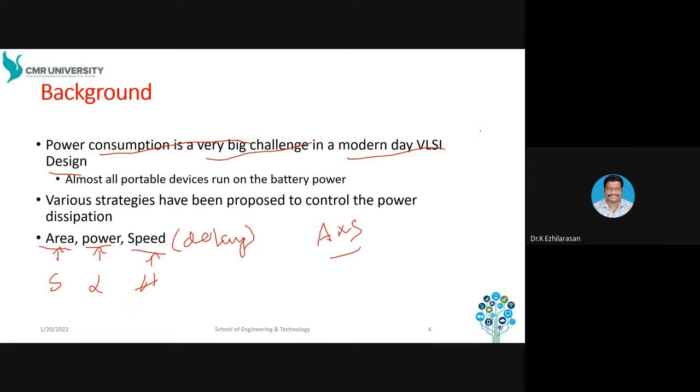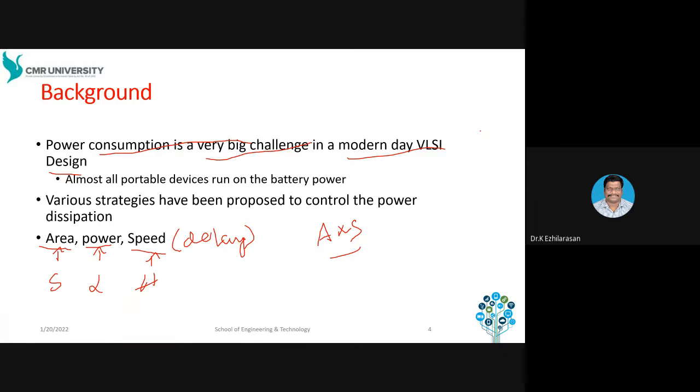Internally, the operating voltage will be around 5 volt or 3.3 volt only. With one battery, you no need to charge your mobile phone for 24 hours, even though you are performing more operations.